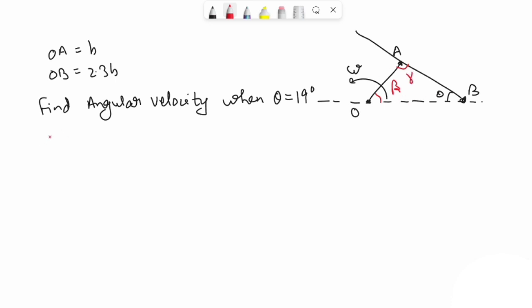Now using angle sum property in a triangle, we know theta plus beta plus gamma is equal to 180 degree.